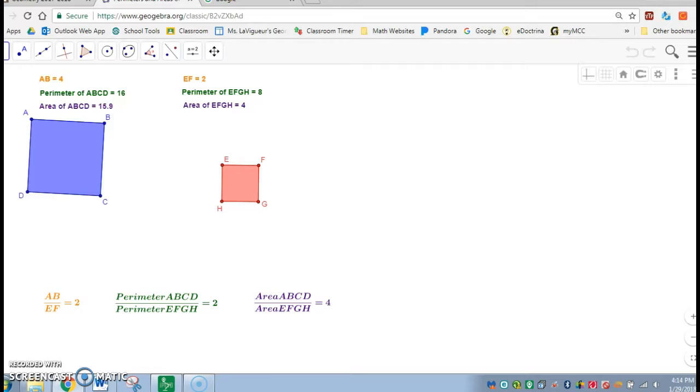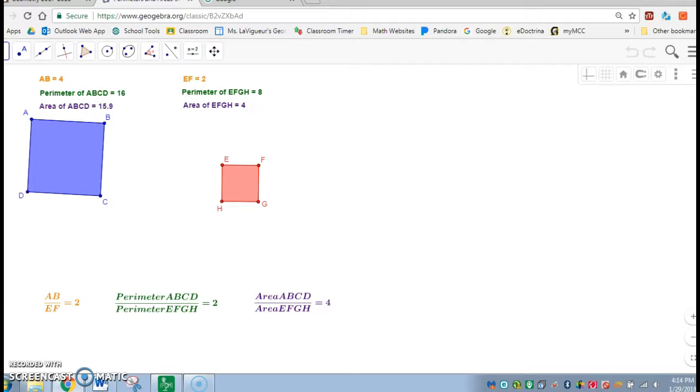So remember, perimeter is the sum of the lengths of the sides of the shape. And so if we compare the perimeter of the image, ABCD, compared to the perimeter of the pre-image, it is also equal to 2. Do you notice anything? Scale factor, the ratio of the perimeters is in the same scale factor.